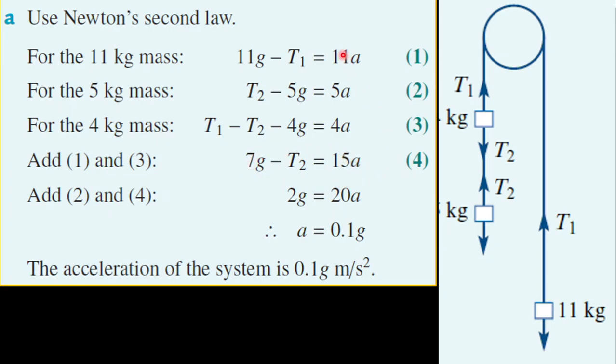That generates a fourth equation that we're going to combine with the second equation. By adding 2 and 4, we end up with the acceleration. Then with that acceleration, you go backwards: you substitute into equation 4 to get the T2 value, and then into equation 3 to get the T1 value.